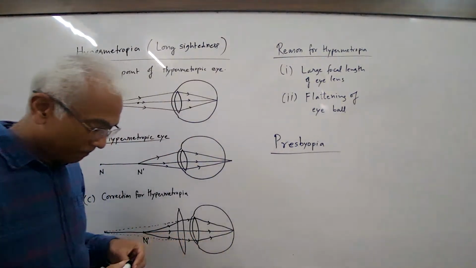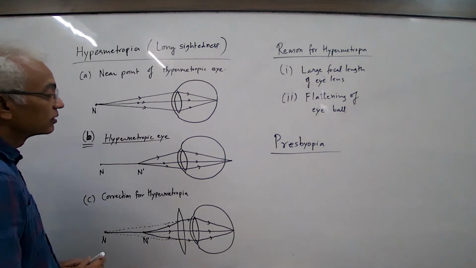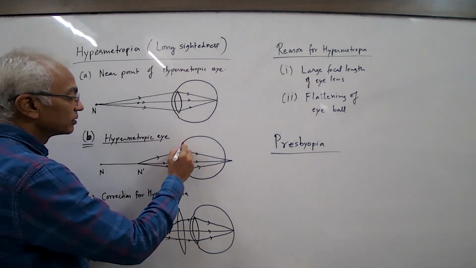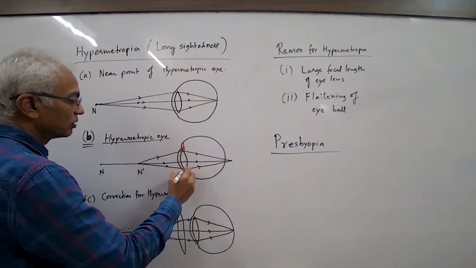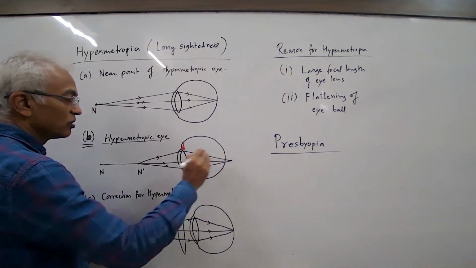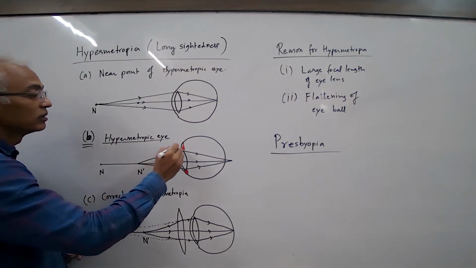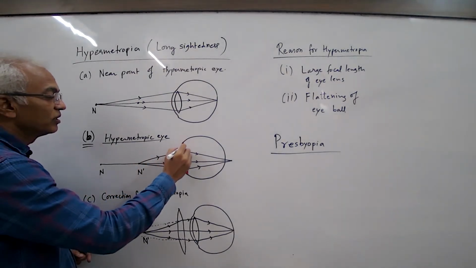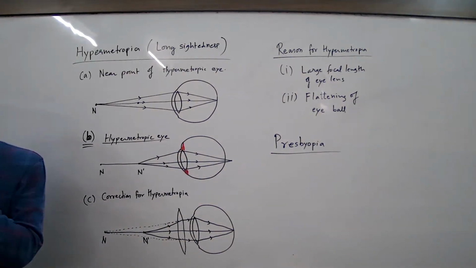Defect associated with age. What changes with age? The ciliary muscle. Whether the object is far away or nearby, the image is always obtained on retina. Who controls that? The action of ciliary muscle on the crystalline lens, which is a flexible lens.